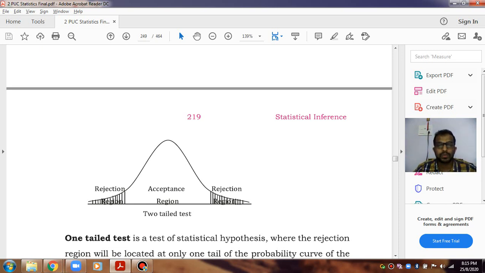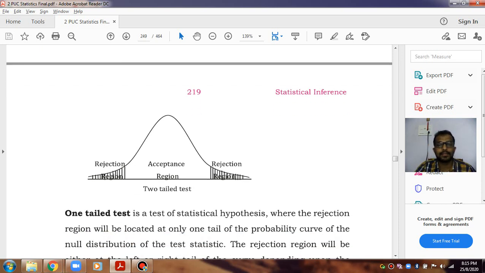Beyond those values, whatever values are there are called rejection values, and that region is called the rejection region. The region in the middle is called the acceptance region. So this is two-tail, where both the tails or both the sides of the normal curve are there. When is this happening? When the alternate hypothesis is not equal to, when your H1 is not equal to.